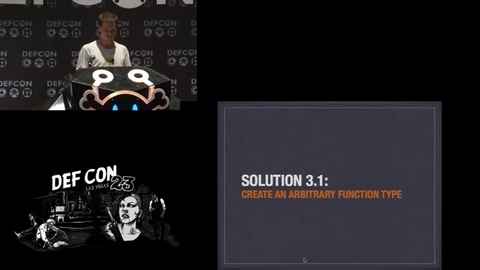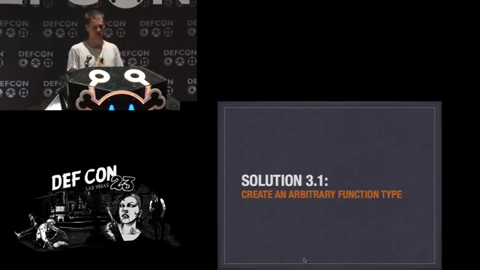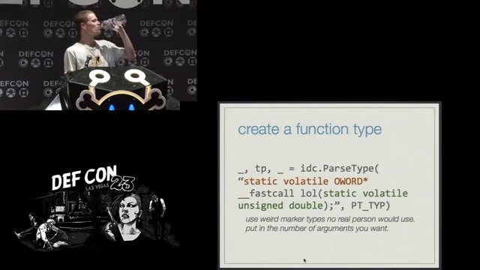So to create a completely arbitrary function type where you can specify the return type, but also the number and types of the arguments, you can do the following. IDA has these simple types and ordinal types and maybe some other types.